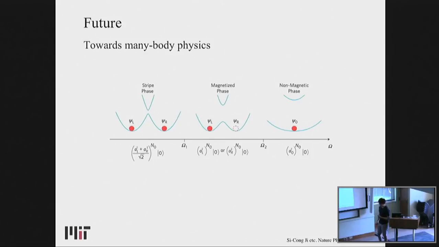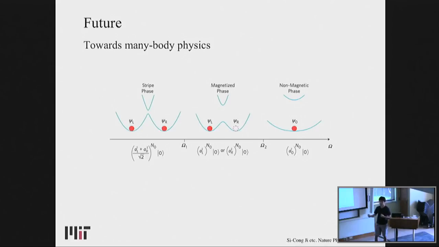Once we have interaction between the atoms, the difference is that, if we have interference between the two ground states, we can imagine there will be a density modulation from the interference effect, because we're interfering two states with different momentum. This density modulation in the mean field regime will increase your energy a little bit. If this effect is too strong, the system won't like to stay in the spin mixed state.